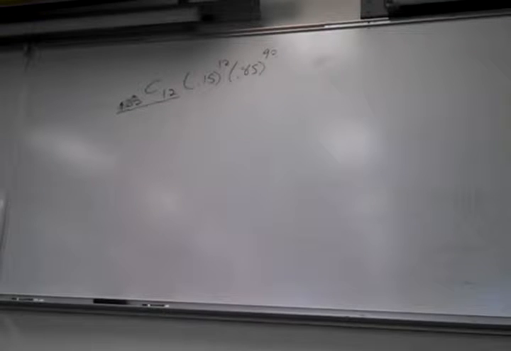So in the calculator, you would do 102 probability choose, let's say, 12 times 0.15 to the 12 times 0.85 to the 90.